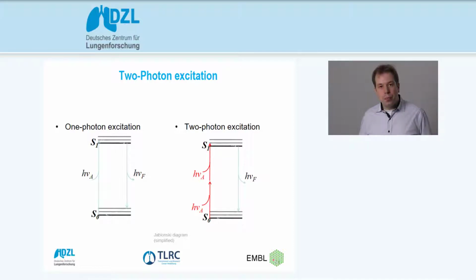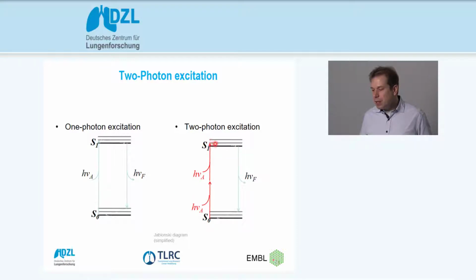We can also employ a little trick, and that means we take two photons that have half the energy of the S0, S1 transition and basically let them interact with our molecule at the same time, in less than 10 to the power of minus 15 seconds. And if we do so, we also can excite the fluorophore.